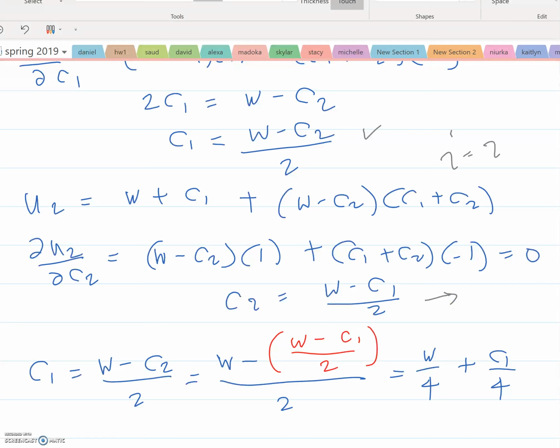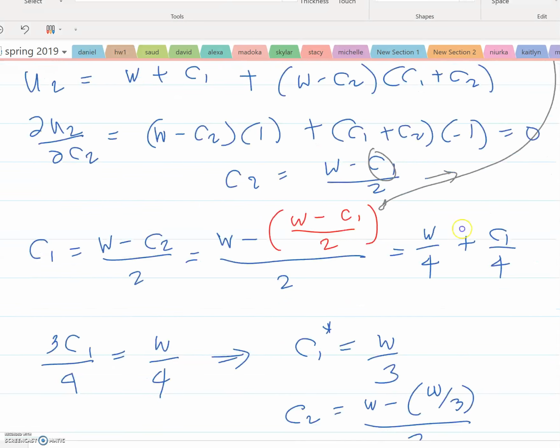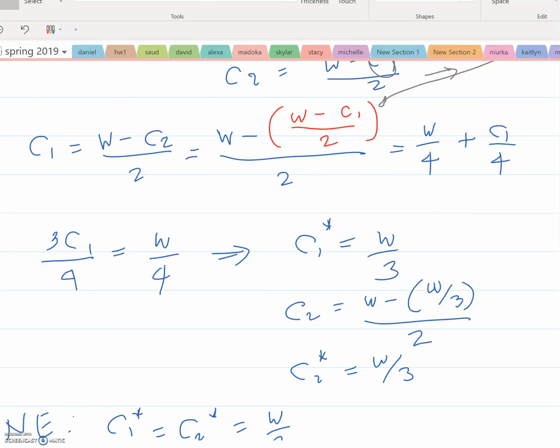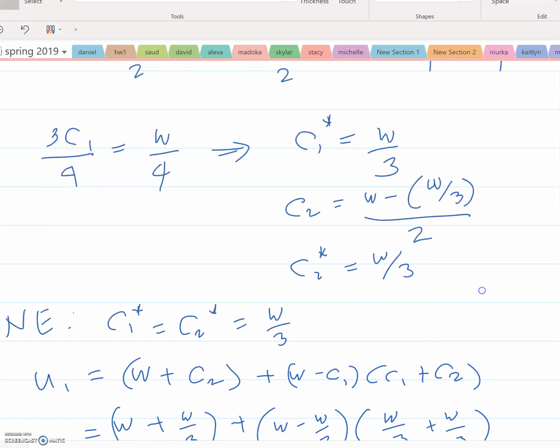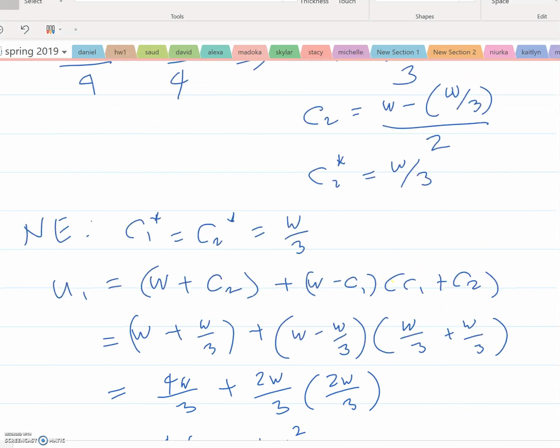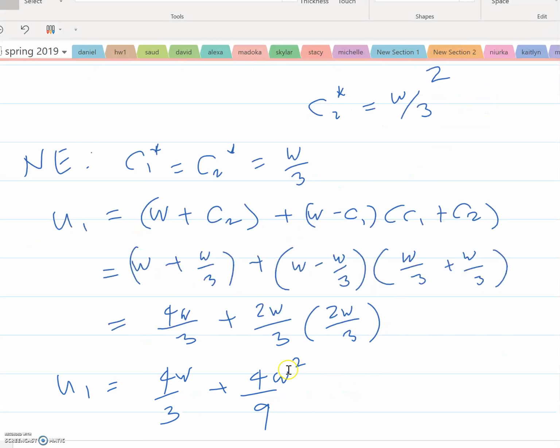Then solve this one here and put it here, and solve for C1, and you get this. C1 star is W over 3, and C2 will be W over 3. So the Nash equilibrium is that the two are going to pick W over 3.